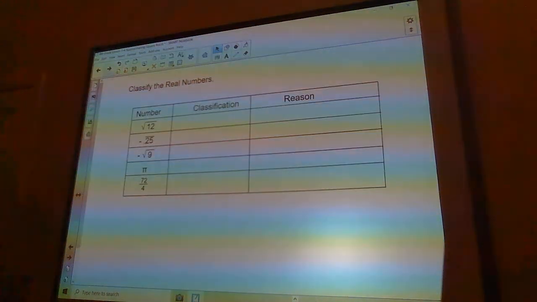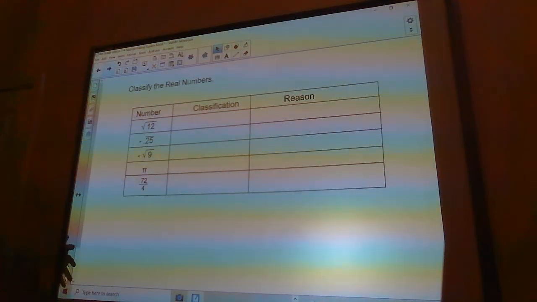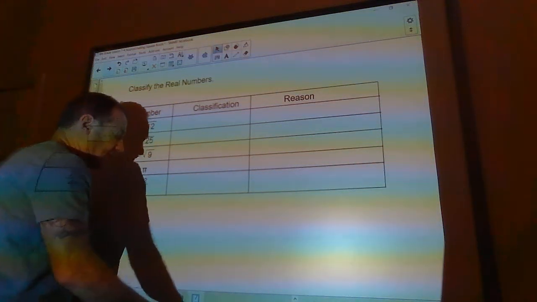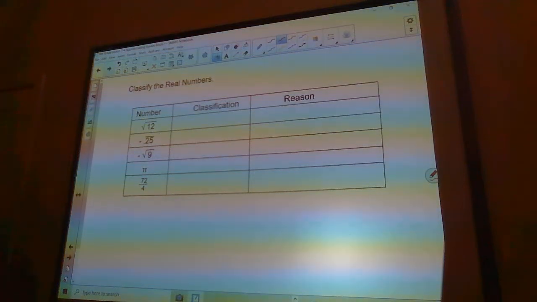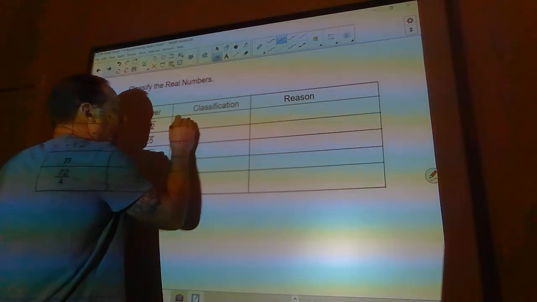Okay, so let's classify some real numbers. Square root of 12. 12 is not a perfect square, so this would be irrational.